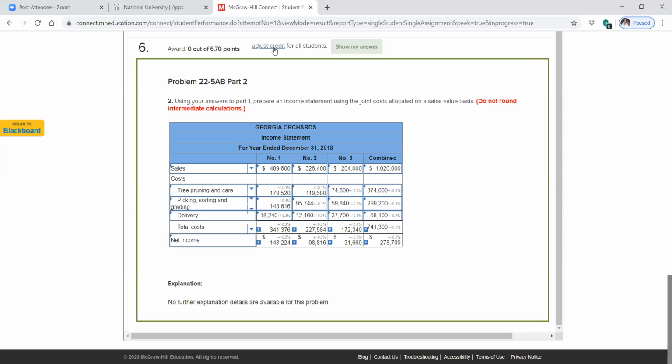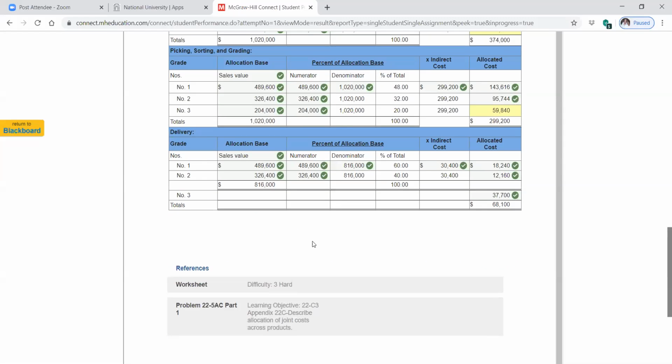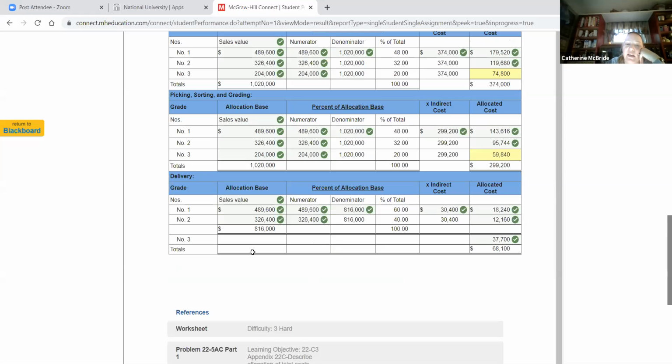Doc, just quickly, can you go back to that delivery for the indirect costs? I kind of missed that, sorry. Okay, so with the delivery one, what's different about this one is that they said that number 3 shared this much of the cost, 37,700. So we're only allocating the rest of the cost between number 1 and number 2.